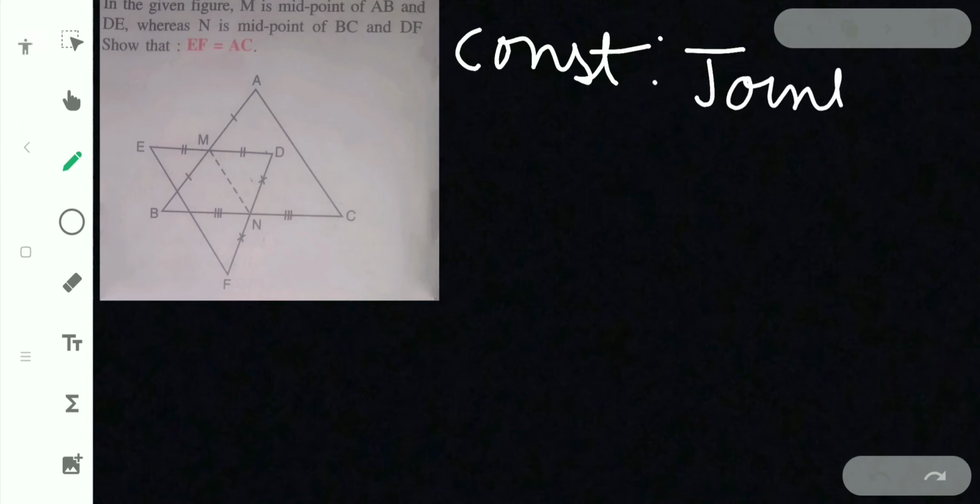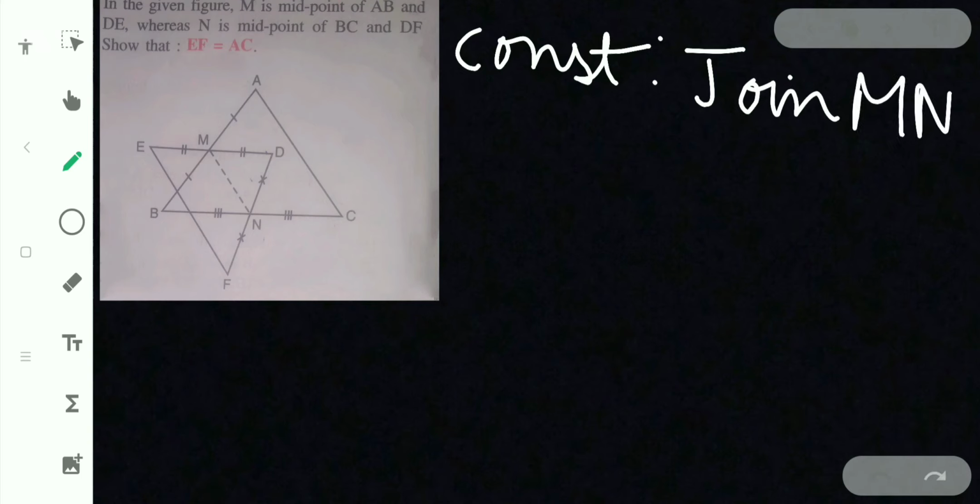Join MN, the dotted line you can see over here, that we have to join. Now you can see here, just have a look at the diagram, the equal parts and all.